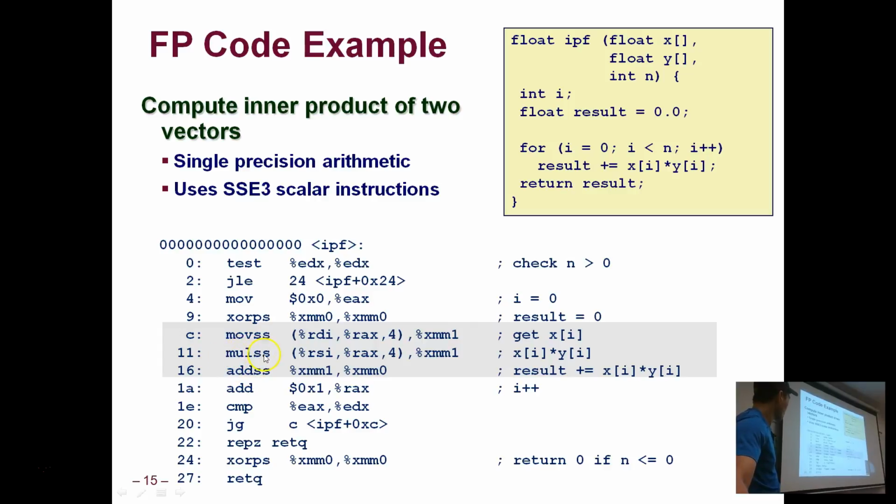Then you're doing a scalar multiply, single precision, with the element in Y. So that's what this assembly instruction does, and then you add XMM1 to XMM0. This is an add single precision scalar, and then you continue. So does everyone see that this assembly implements that scalar loop? Yes.